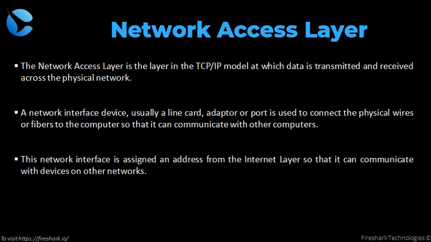The destination can be another host in its network itself or a router for further forwarding. So the internet layer has the view of the entire internetwork, whereas the network access layer is limited to the physical layer boundary that is often defined by layer 3 devices such as a router.